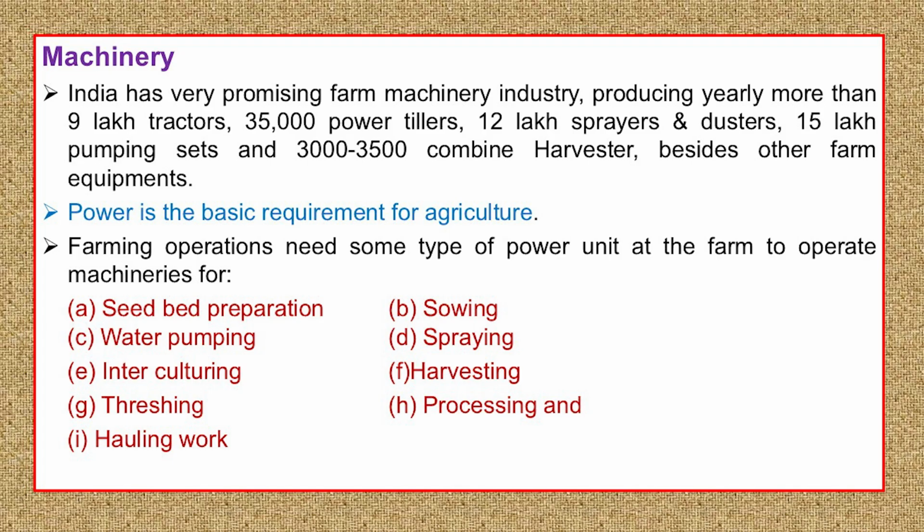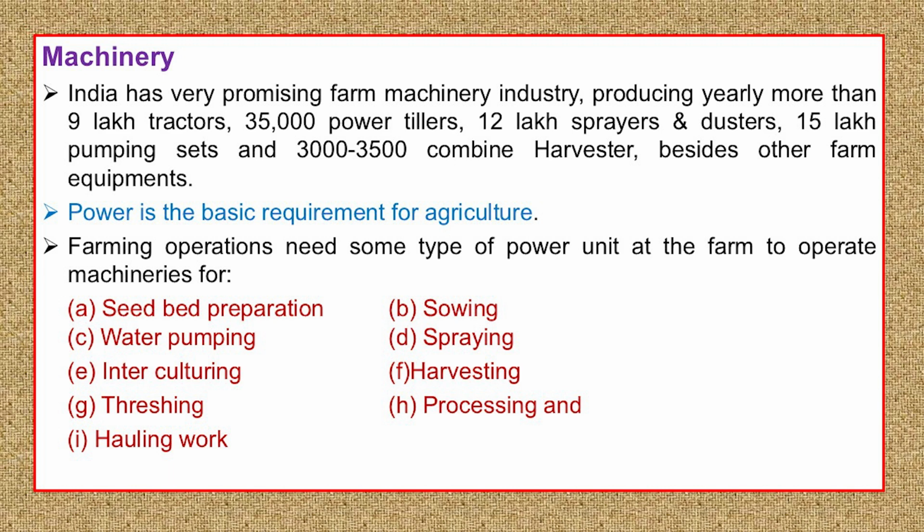We must know what machines there are and the potential of machines in Indian agriculture. India has a very promising farm machinery industry, where we annually produce 9 lakh tractors and 35,000 power tillers. More than 12 lakh sprayers and dusters are sold annually to the farming community.